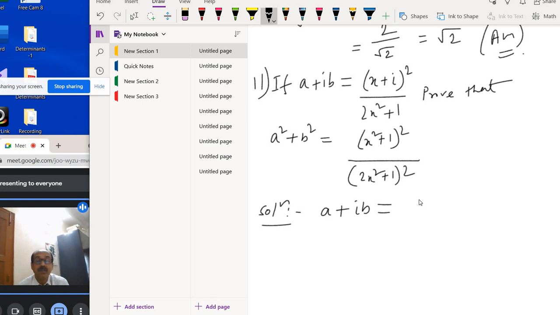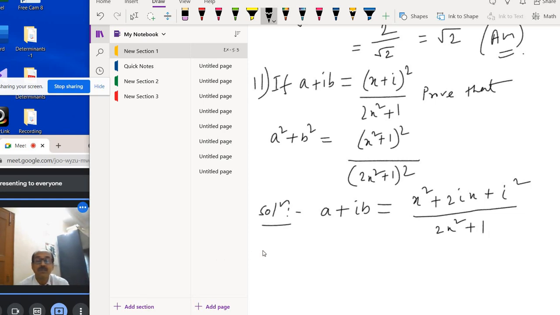So use a plus b whole square formula: x square plus i square plus 2xi, divided by 2x square plus 1.